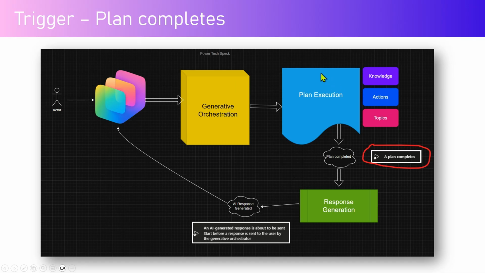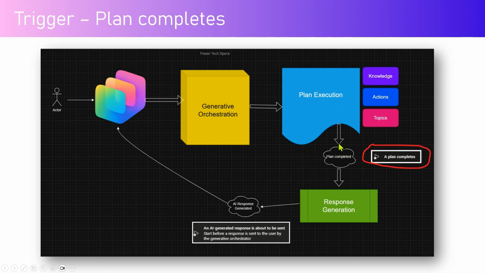If you ask a specific query, a plan gets created in the background, which looks for knowledge, actions, and topics, and on the basis of all this logic execution, a response will be formulated. Either the LLM finds the response, or it might say, I didn't find any response on the specific query.